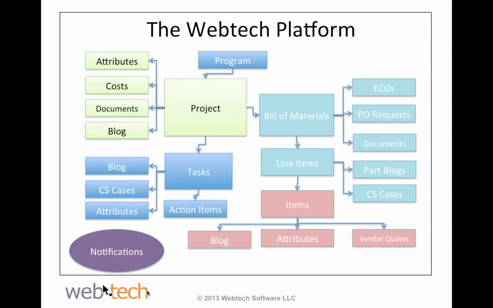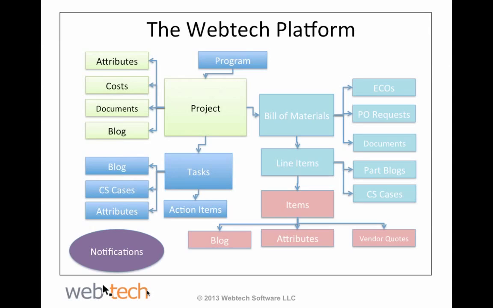Now this slide is the webtech platform, an organization chart of where we start, and you can see the different colored blocks. Typically, we'll start off with a project, and that project would be developing a single product or multi-products. It could be even tied to a CRM.